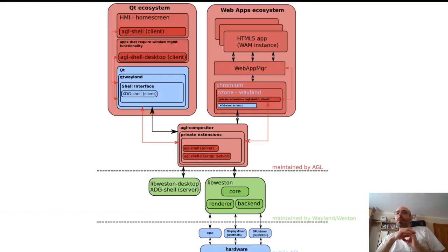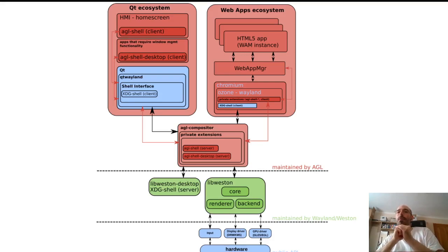This picture shows the two ecosystems currently used by AGL. Qt and Chromium being the toolkits for writing either native applications or HTML5 or web applications.